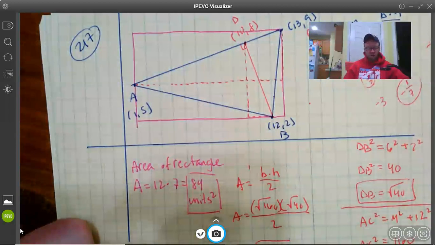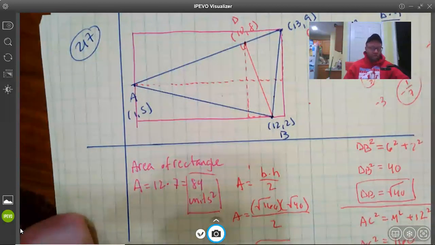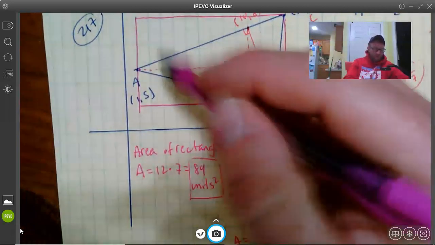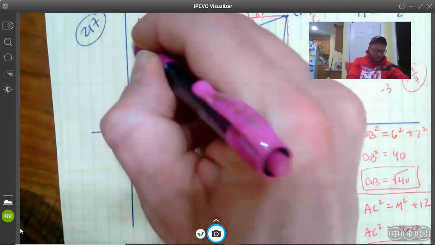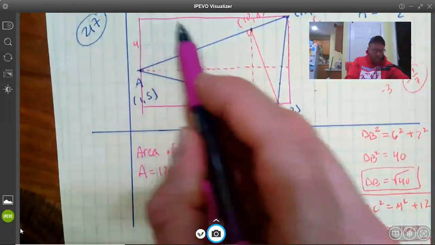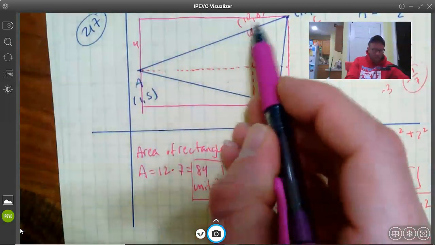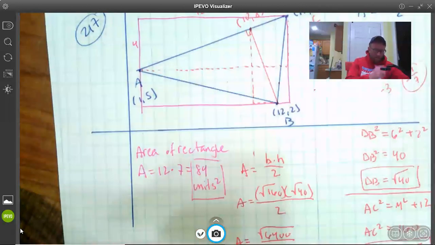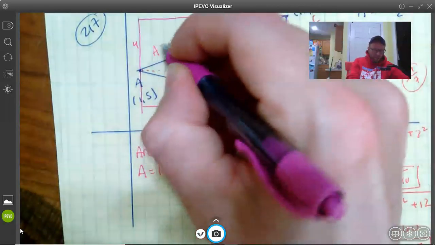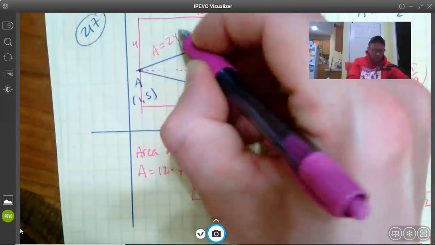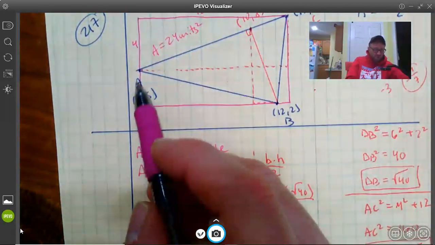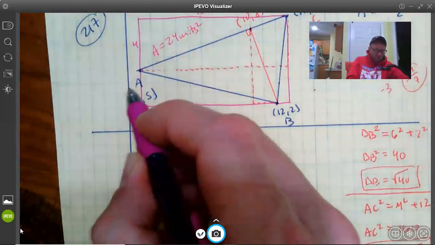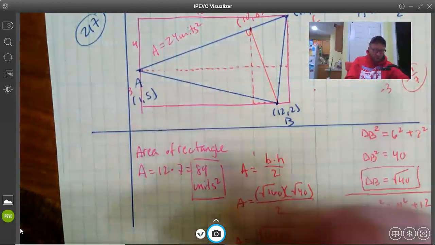Okay. Now we're just going to calculate the area of these three triangles and just subtract them from the area of the overall rectangle. And these are going to be fairly easy to calculate because they're just right triangles right along the grid lines. So let's see. 1, 2, 3, 4 by 1, 2, 3, 4, 5, 6, 7, 8, 9, 10, 11, 12. So let's see, 4 times 12 is 48 divided by 2 is 24 units squared. 1, 2, 3 by 1, 2, well, it's 12. No, it's not 12.